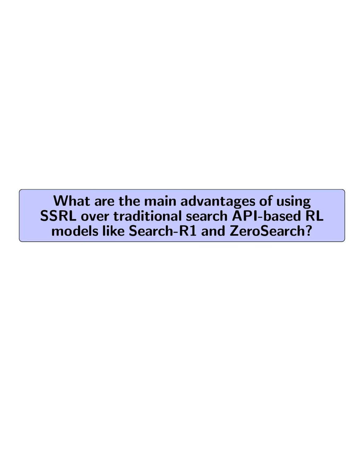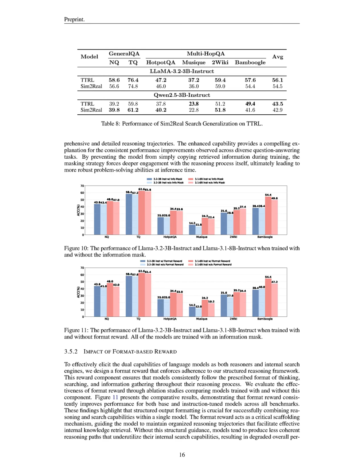What are the main advantages of using SSRL over traditional search API-based RL models like Search R1 and Zero Search? The main advantages include enhanced performance, cost-effectiveness, and reduced reliance on external search engines.